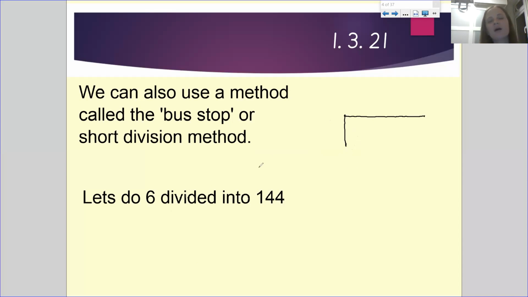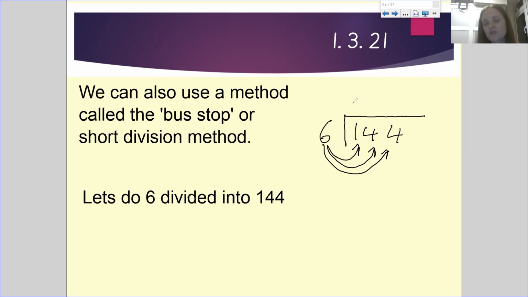So if we have 144, and it is being divided by 6, you are going to divide 6 into each one of these numbers. The thing is that sometimes it doesn't go into that number. So for example, 6 can't divide into 1.